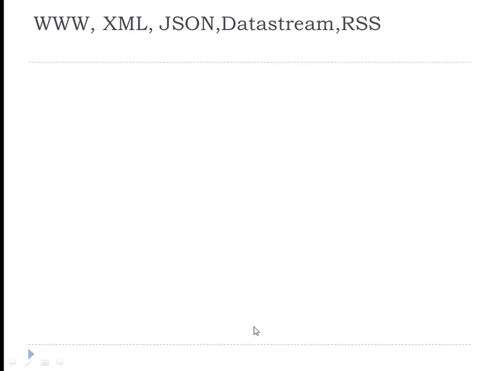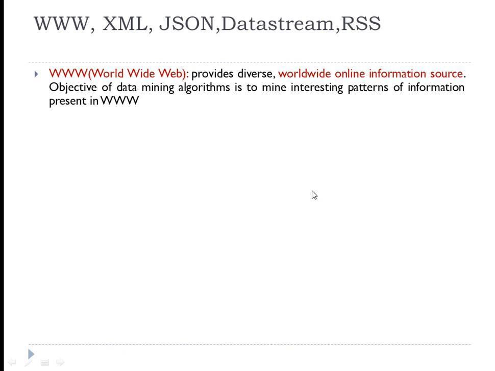Then there are various other ways through which we can store the data. One is the WWW. We all know the World Wide Web, which provides us a diverse and worldwide online information source. One of the main goals of data mining algorithms is to mine interesting patterns of information which are actually present in the World Wide Web.